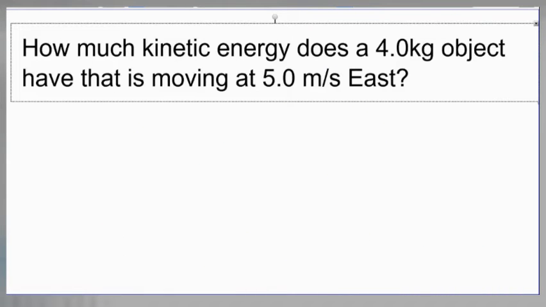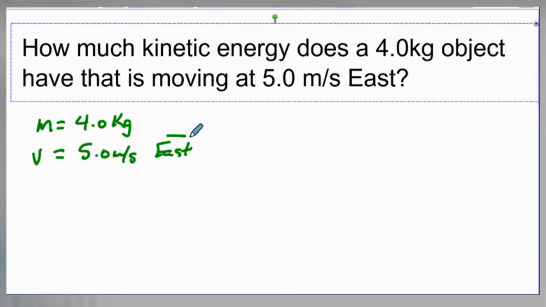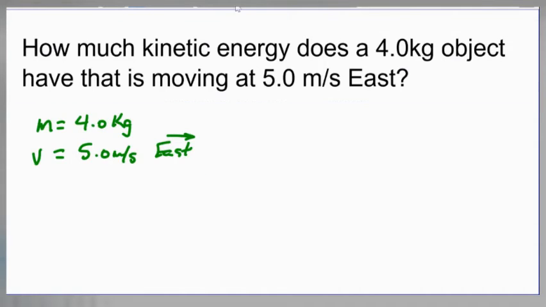Here's the first example. How much kinetic energy does a 4 kilogram object have? So let's say we have a mass of 4 kilograms, and it's moving. It has a speed, a velocity of 5 meters per second, and it's heading east. And on my diagram, that's going to be east over there. All right, we want to know the kinetic energy.